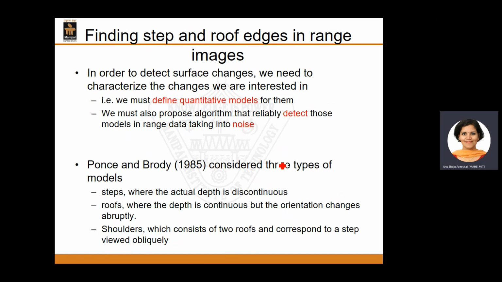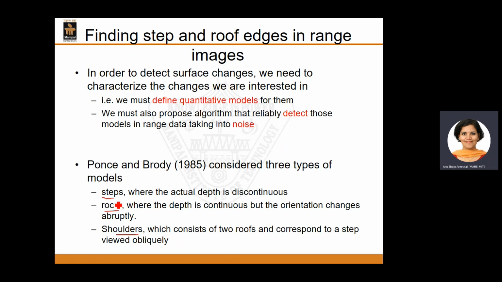Before that, we need to define what an edge is in range data. As I said, it is not the same as edges in a normal color image or a grayscale image. There are three types of edge models: steps, roofs, and shoulders.